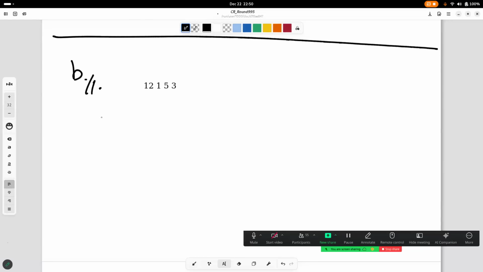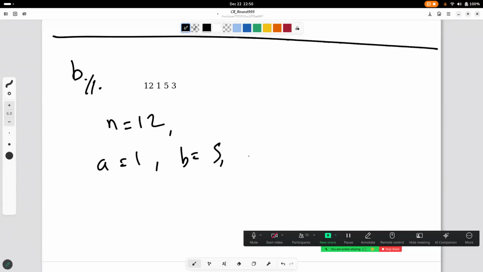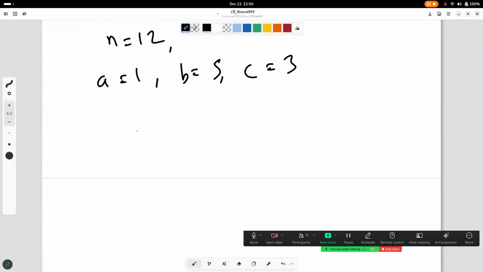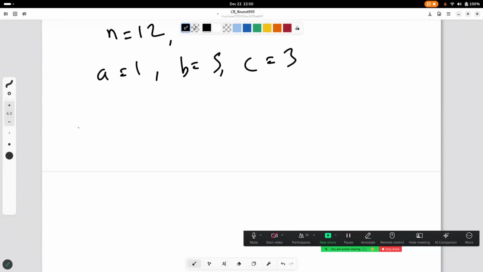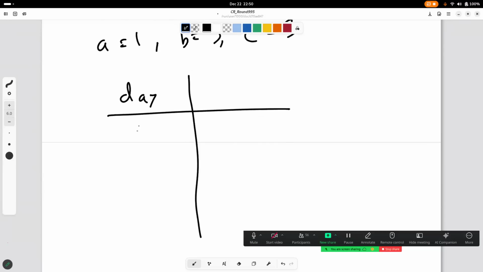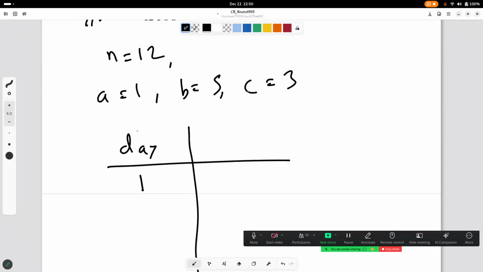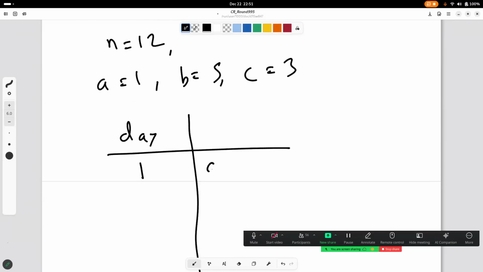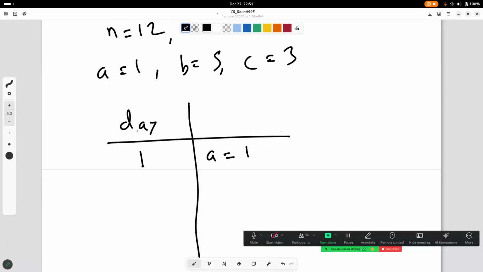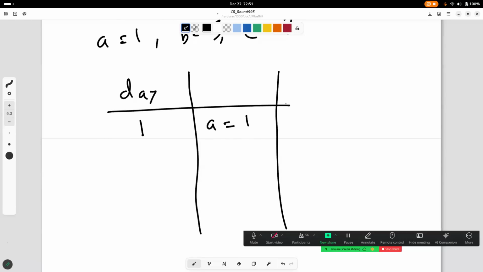In the first test case, we are given n equal to 12, A is 1, B is 5, and C is equal to 3. Now let's consider what happens on day 1. Monocarp is going to walk A equal to 1 kilometer, and let's maintain the total distance traveled.